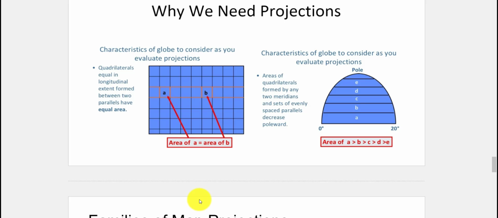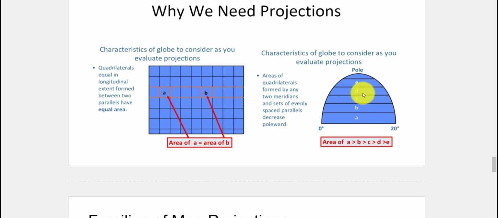So here's something to think about as you consider projections. In this example of a perfectly square product, A and B are the same area. And this means that the quadrilaterals equal in longitudinal extent formed between two parallels have equal area.